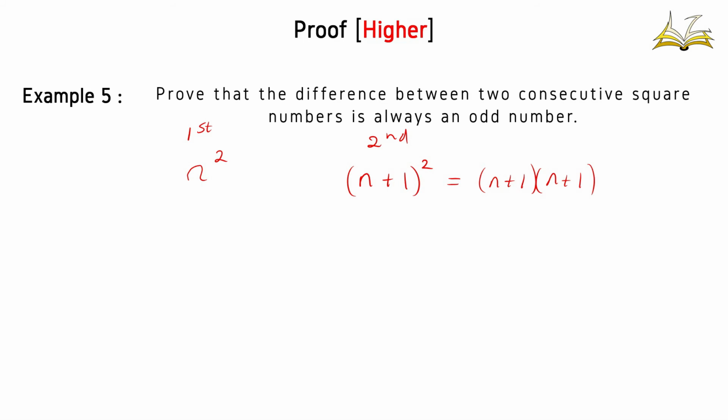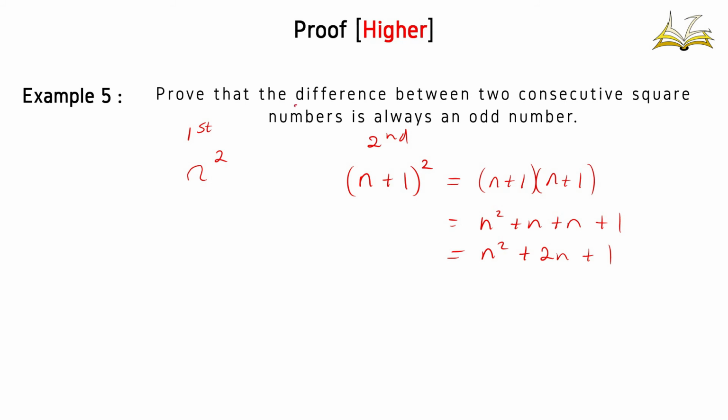And then we just expand this. We do n times n, which is n squared, n times 1, which is n, another n times 1, which is n, and 1 times 1, which is 1, right? So this simplified gives you n squared, and you can combine the n's together to give you 2n plus 1.